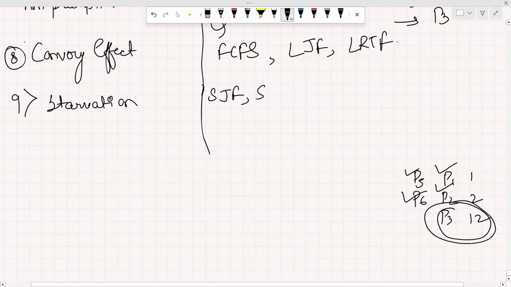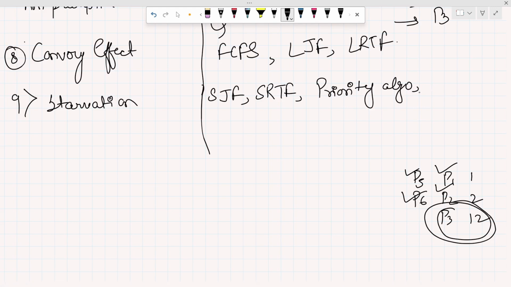And if SJF, then SRTF as well. SRTF and the big algorithm, the priority based algorithm. Definitely, in a priority based algorithm, a process can come into starvation.